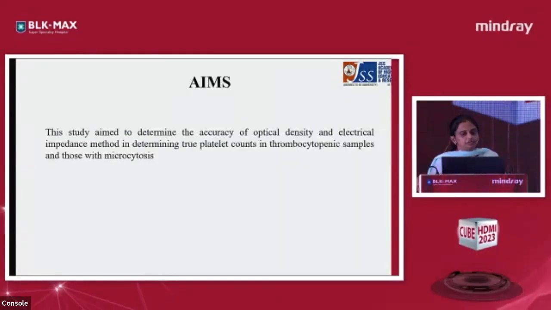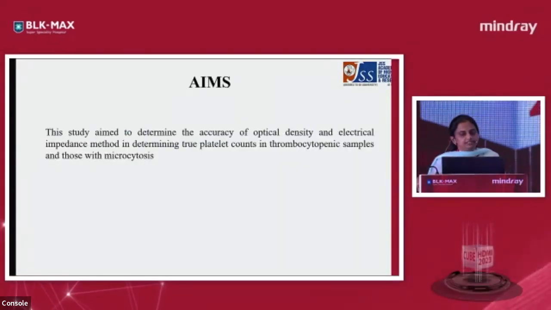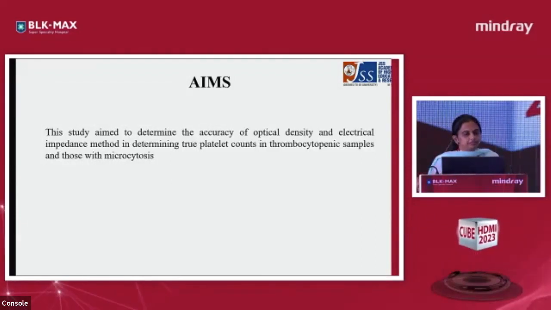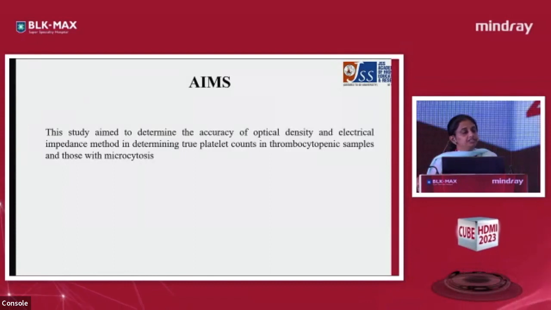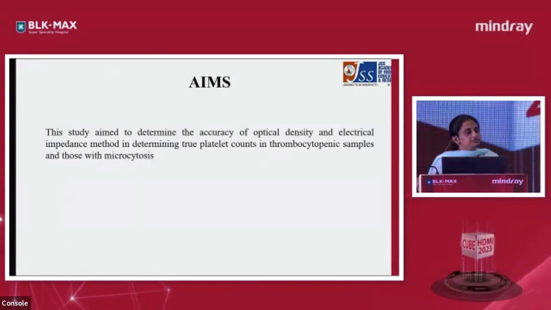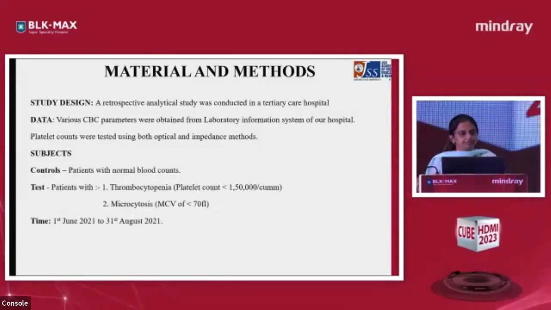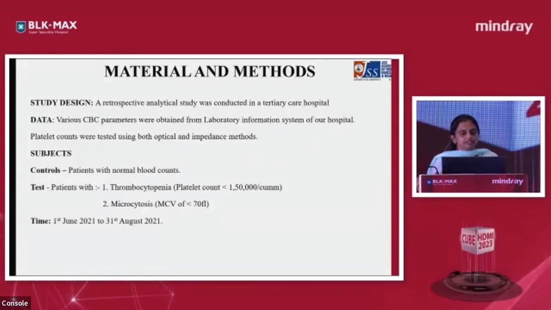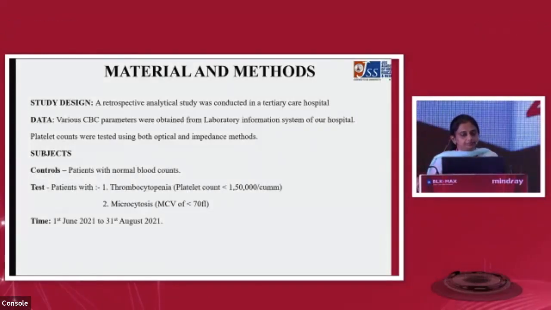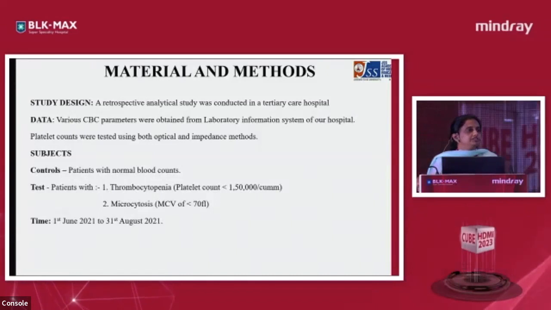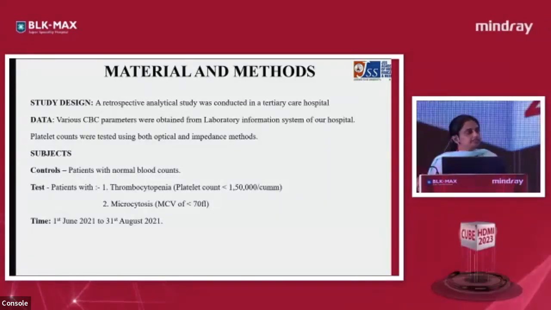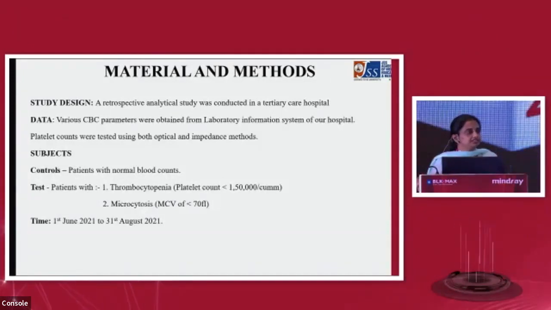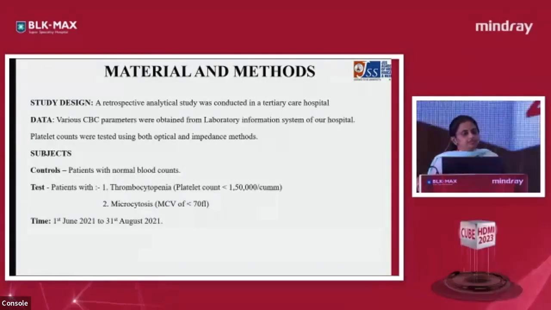The study aimed to determine the accuracy of the optical density and electrical impedance methods in determining true platelet counts in thrombocytopenic samples and in samples with microcytosis. A retrospective analytical study was conducted in our hospital. The various CBC parameters were obtained from the LIS, and platelet counts were tested using both the optical as well as the impedance methods.